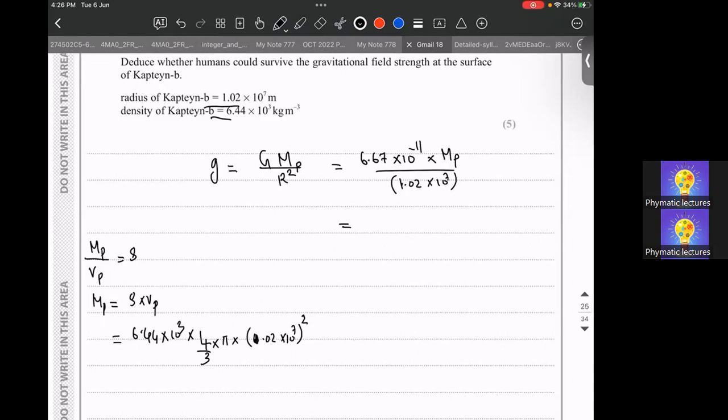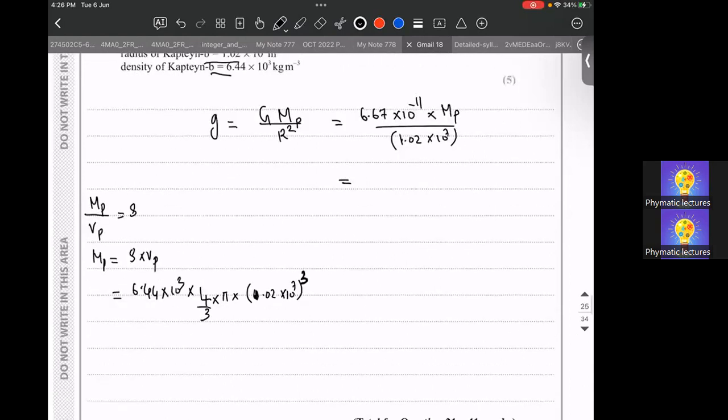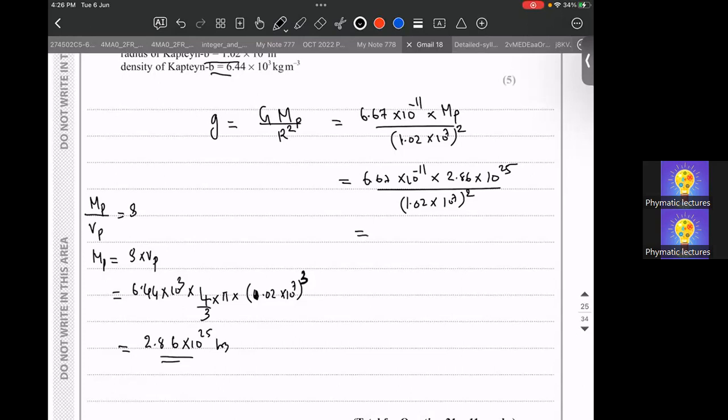Substituting, we get the mass as 2.86 into 10 to the power of 25 kilogram. Substitute this value: 6.67 into 10 raised to minus 11 into 2.86 into 10 raised to 25, divided by 1.02 into 10 to the power of 7 whole square, and we get 18.4 Newton per kilogram.